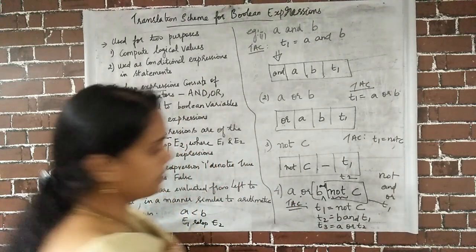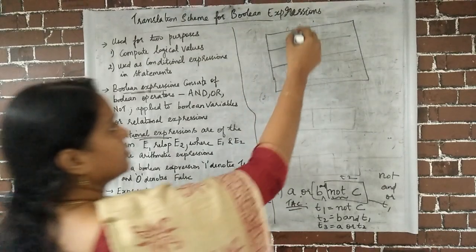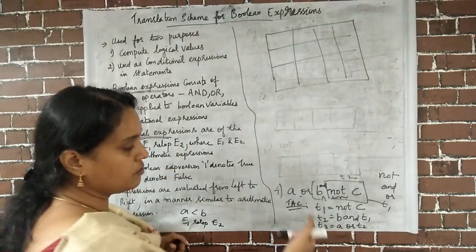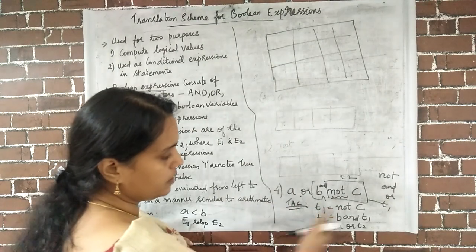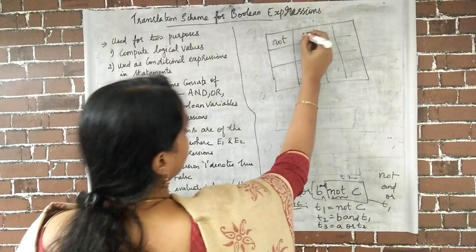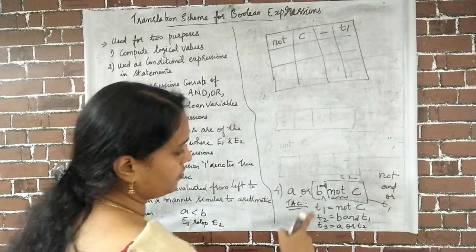Now this can be represented using a quadruple as follows. First, T1 is equal to not C: the operator is not, the first operand is C, there is no second operand, and the result is stored in T1.